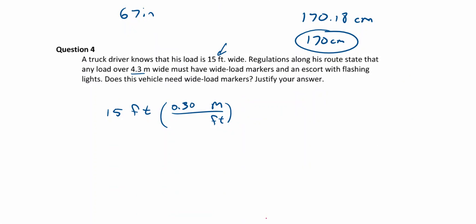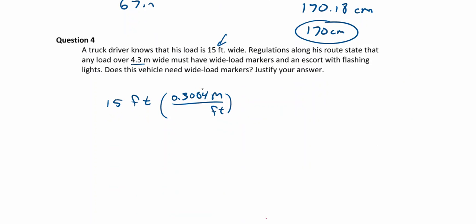I forget already. Oh, I had these backwards. It was 48. Okay. Meters in 1 foot, so those cancel. And yeah, it'll just be 15 times that. So we get 4.572 meters.